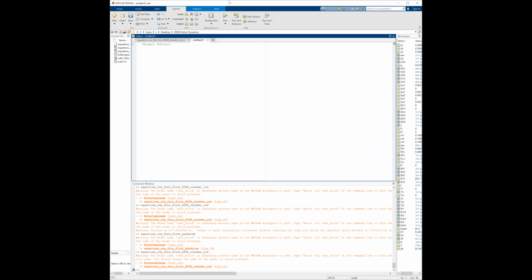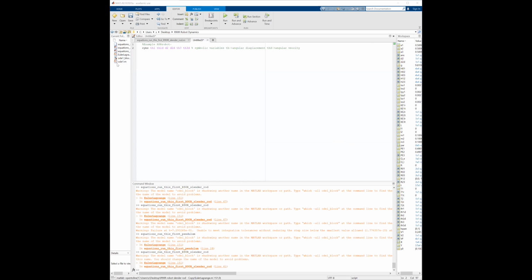This is my example RPR robot, and I have 6 variables: theta 1, theta 1 dot, D2, D2 dot, theta 3 and theta 3 dot.